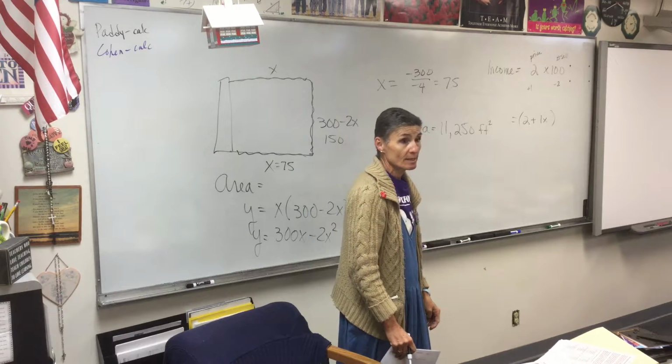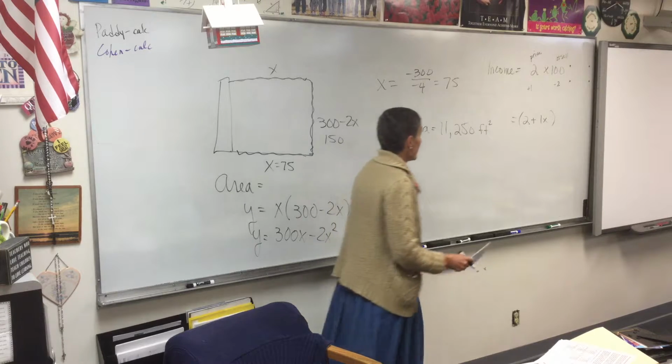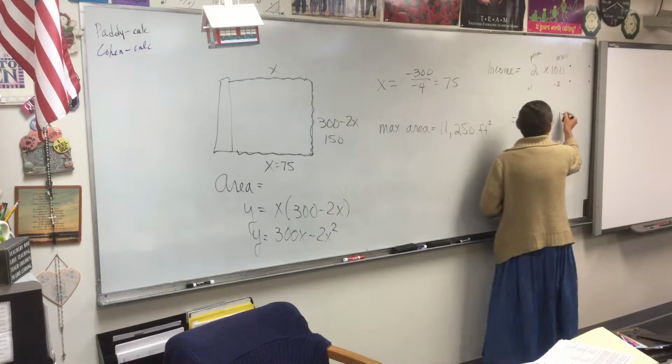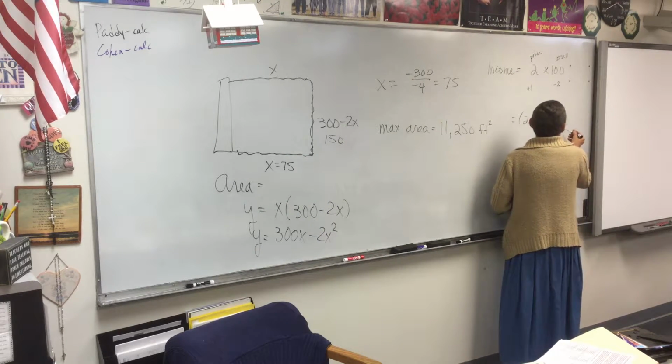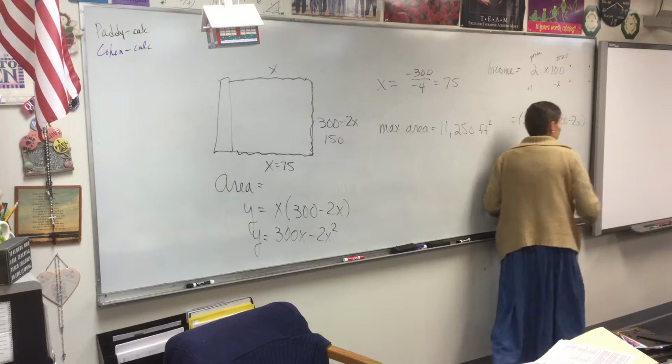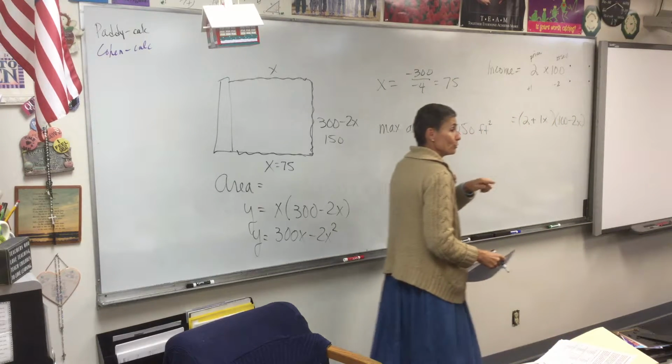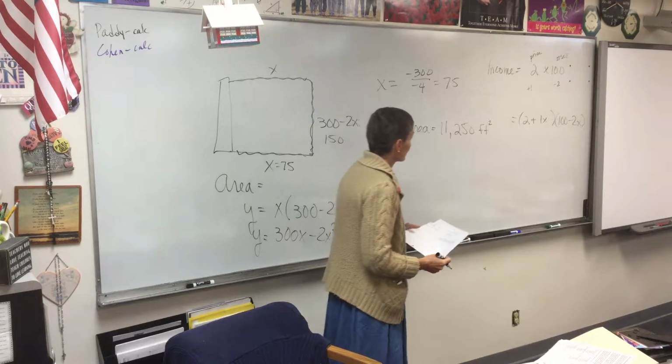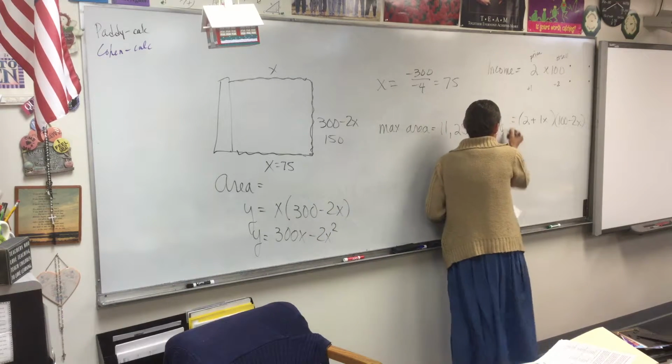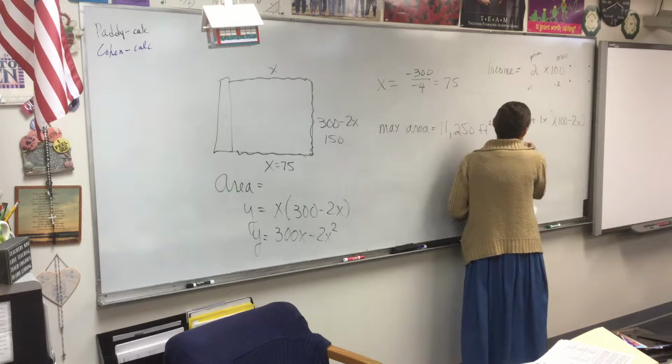They're $1 increments. And how many are you selling then? 100 minus 2x. You're losing 2 each time. So if we FOIL out, we get 200.